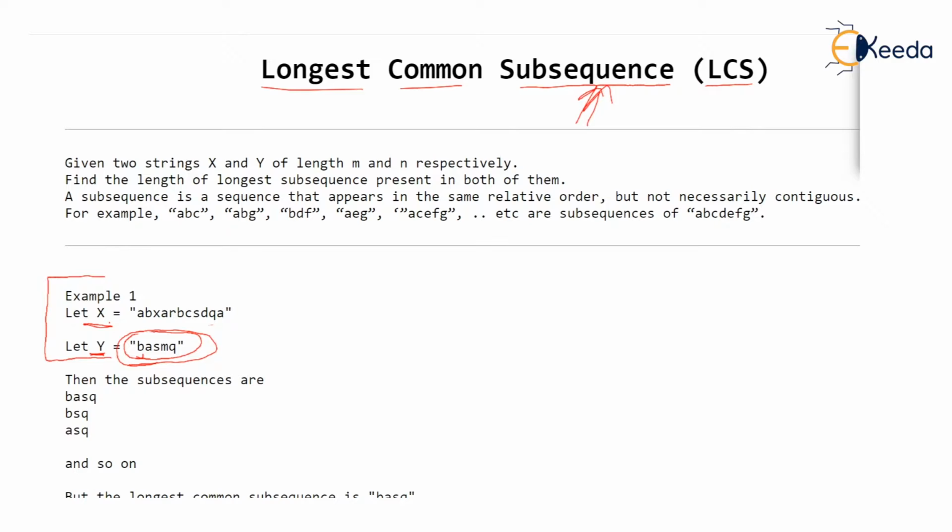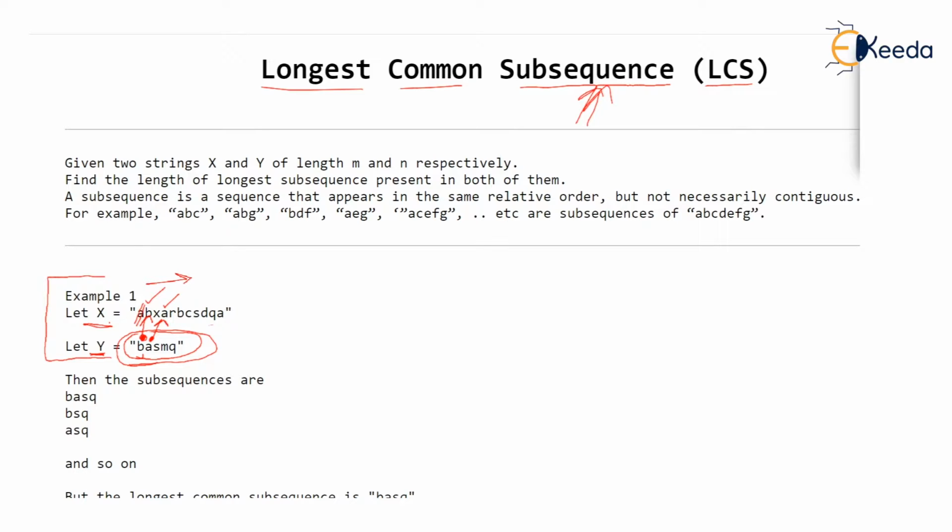What I mean by this is that if you start comparing x with y, let us say that B here, the first character of Y, is matched with this B. So we are not considering the first letter of X at all. But we have compared the first letter of Y with the second letter of X because both were B. And now the second letter of Y is A, and there is an A found in X. Here it is. So two characters B and A, in the same direction left to right as we are going in Y, are matching.